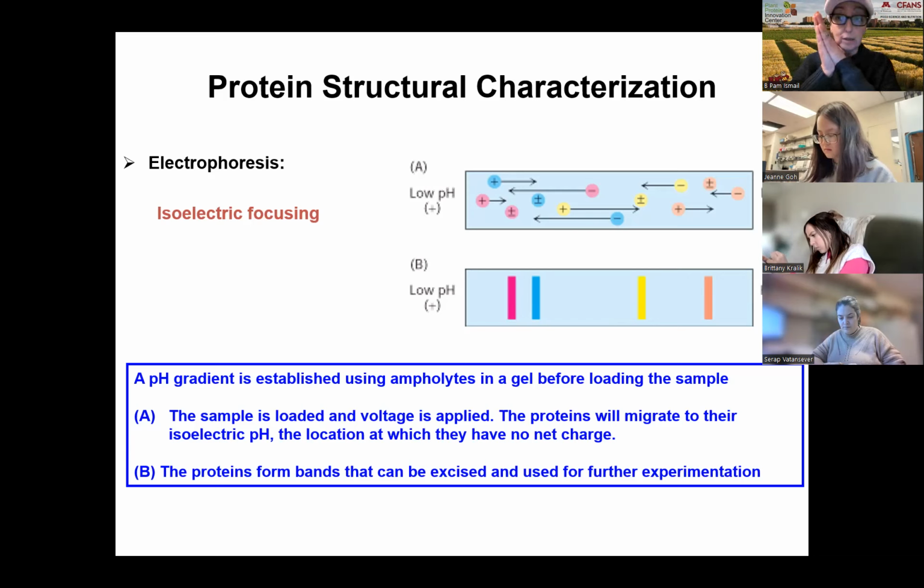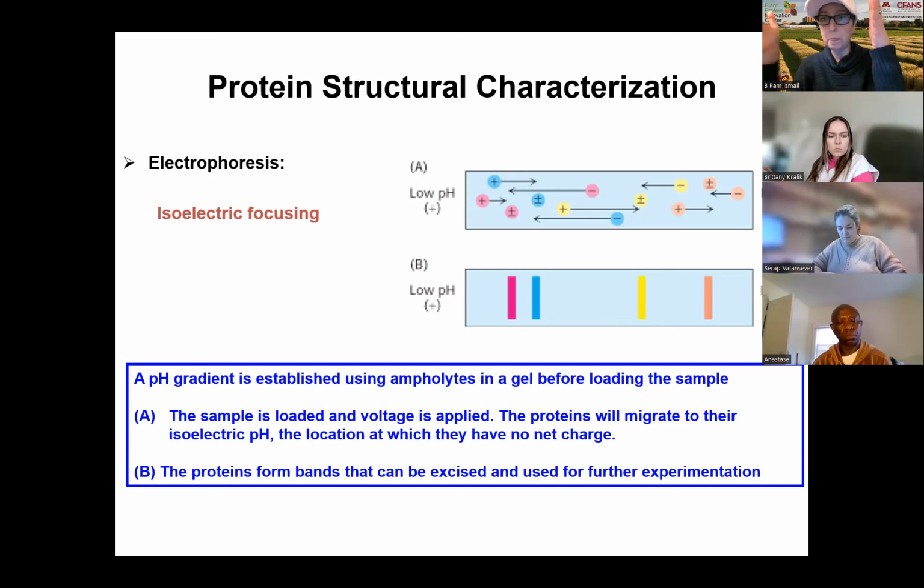So they are focused. So isoelectric, hence the name isoelectric focusing. And if you develop the strip by putting it in Coomassie, then you'll see different bands of the protein, and you'll know that they are separated based on their isoelectric point.